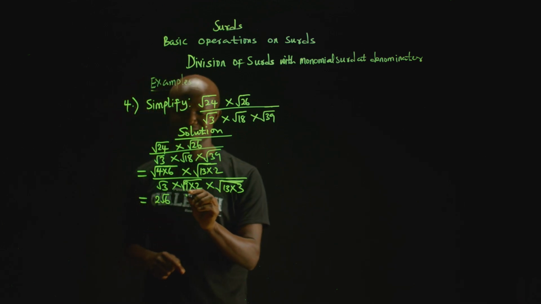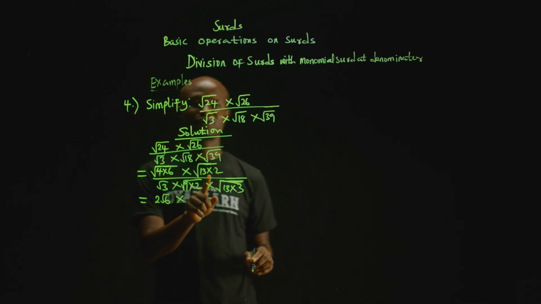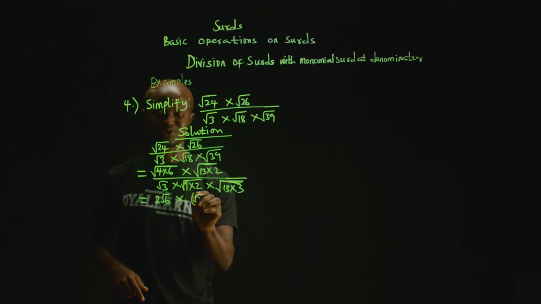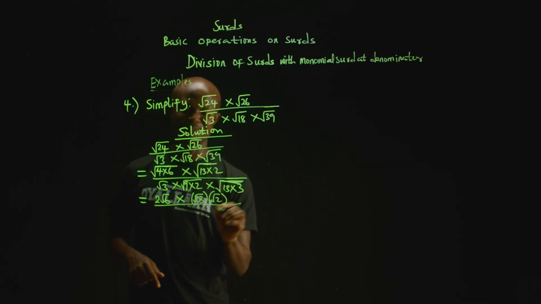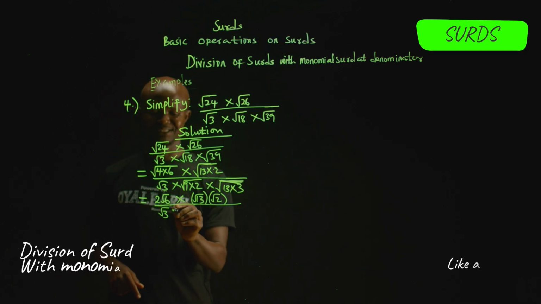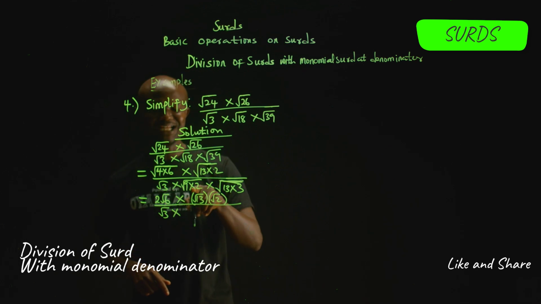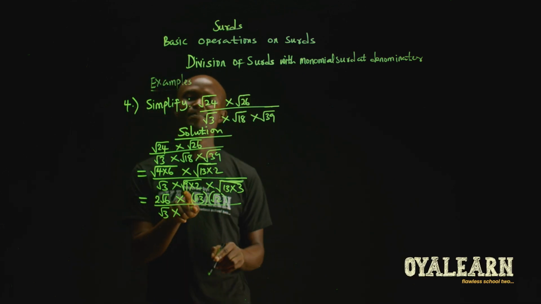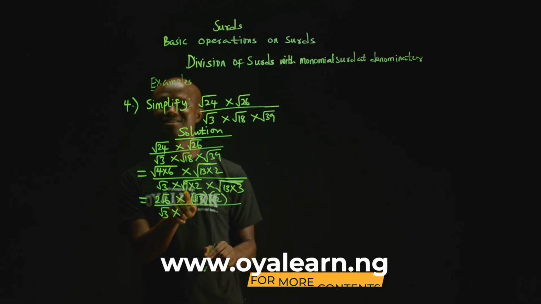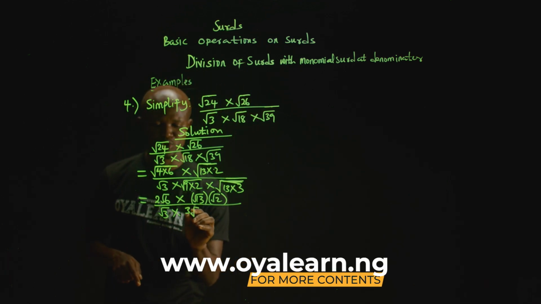So we have 2 root 6 times, but for this one, we are going to write it in product form as root 13 times root 2 divided by root 3, times, what are we having here? Looking at this, 9 is a perfect square number. So we can write this as square root of 9, which is what? 3. So this is 3 root 2.